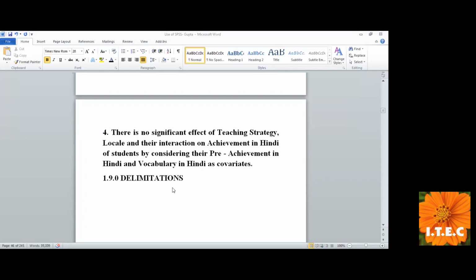Another point I should tell you, in many of the theses, I have seen that the researchers have written objectives as well as research questions. I repeat, in many of the theses, the researchers have written objectives as well as the research questions.